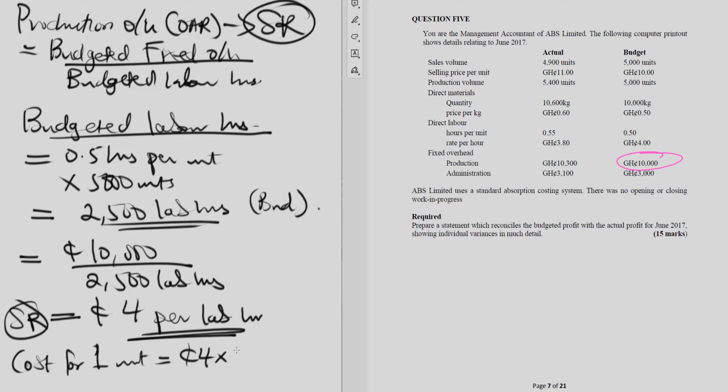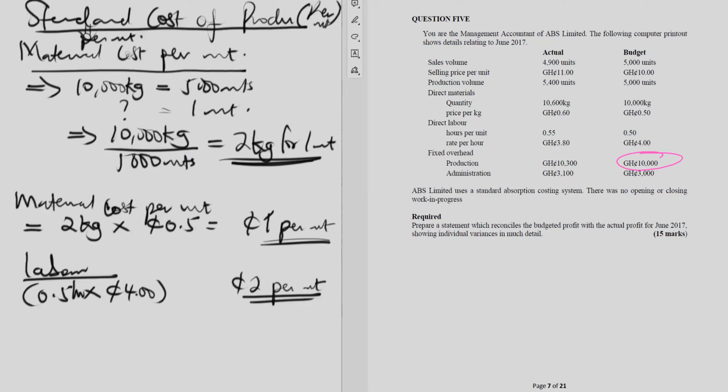It was 0.50. Remember, 0.50 hours were expected to be used for making 1 unit. So if I multiply 4 by 0.5, the fixed overhead per unit is going to be 2 cedis per unit. Now it seems we've got the data we can use to value the stock.